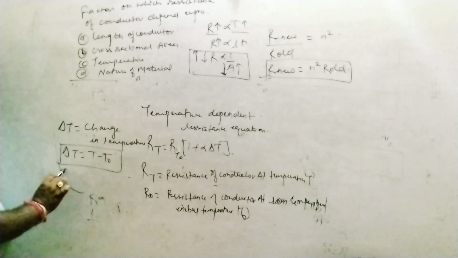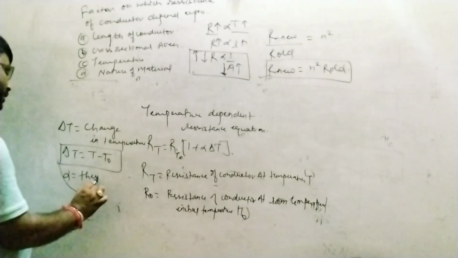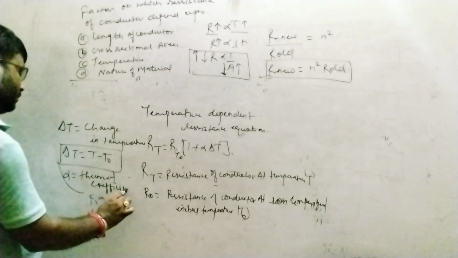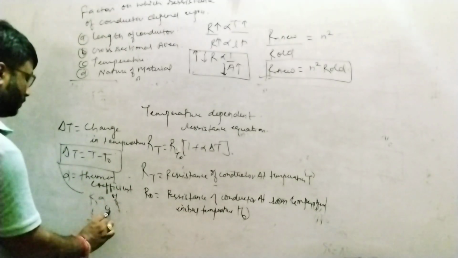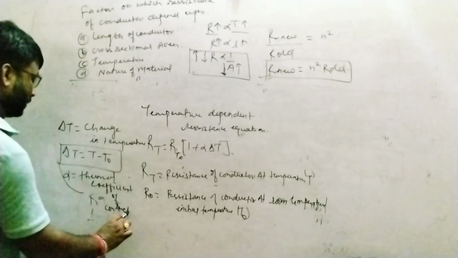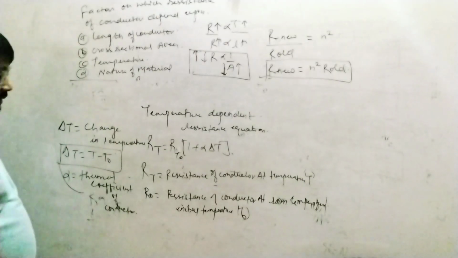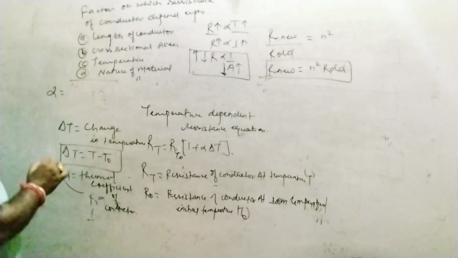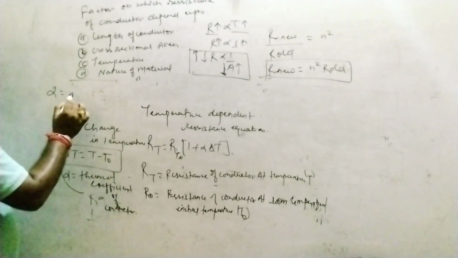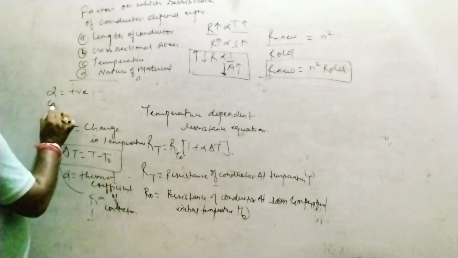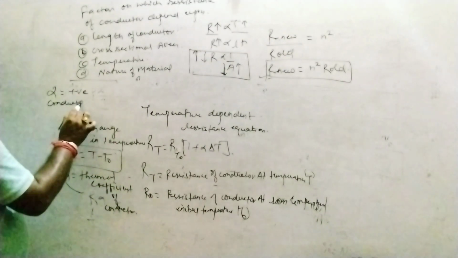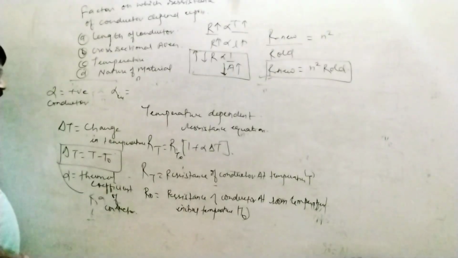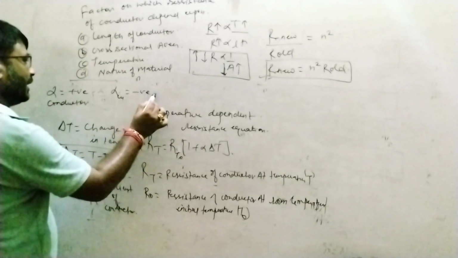What about the alpha? Alpha is called the thermal coefficient of the conductor. This thermal coefficient for the conductor is positive. For semiconductor and insulator, the thermal coefficient will be negative.